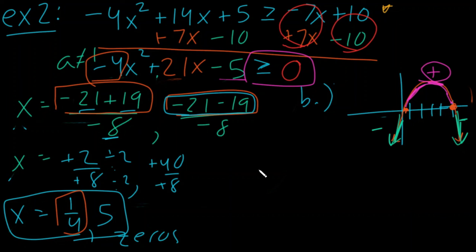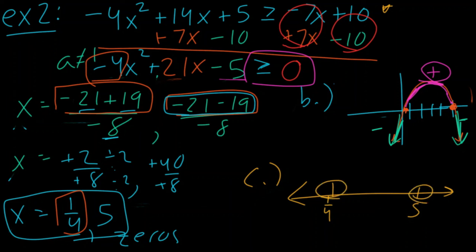When we go to plot our number line, I put my 1 over 4, and I put my 5, I circle them. It's a greater than or equal to, so we can shade in between. And then I see that my positive solutions are in between those x values, and so I shade everything on the inside.